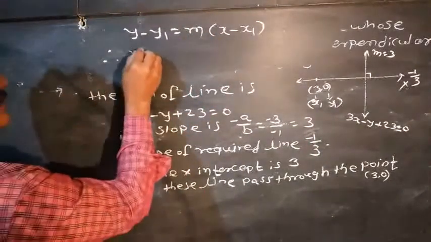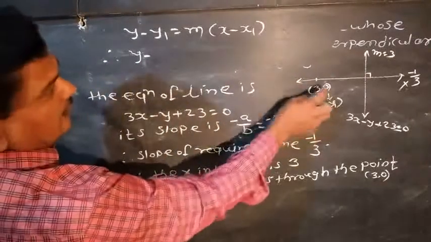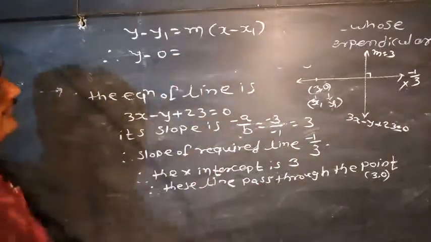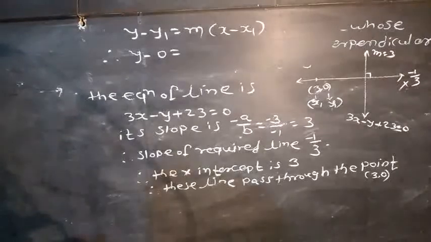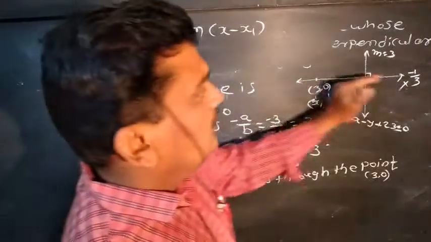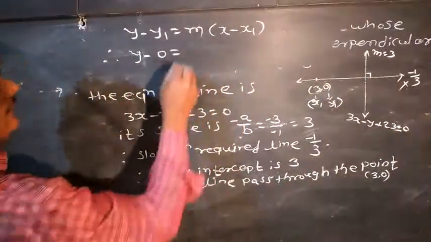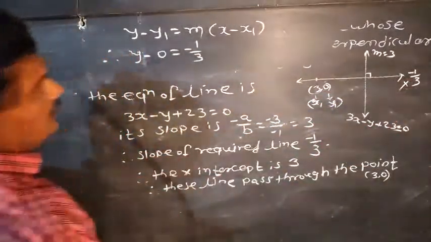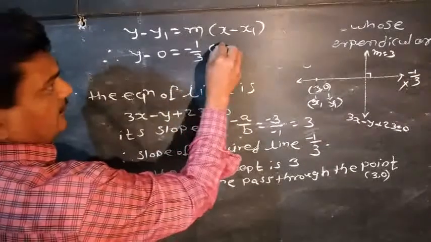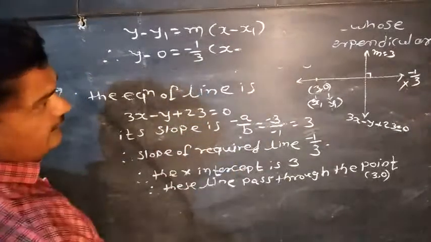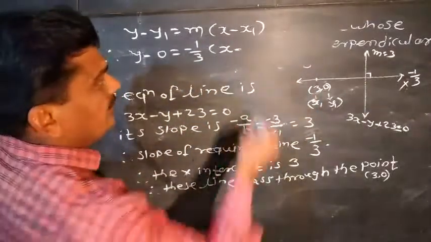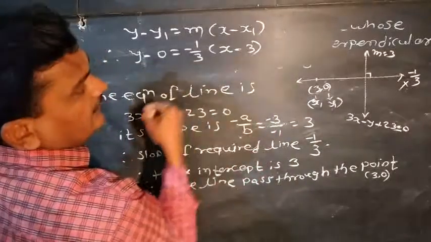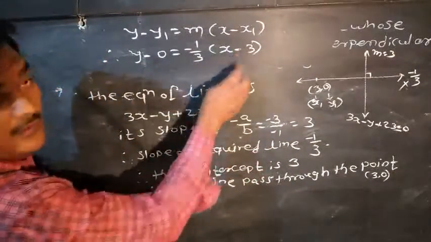We get y minus y1, where y1 is 0, is equal to the slope of the required line, minus 1 divided by 3. The slope is given. Next, multiply by x minus x1, where x1 is plus 3. Then take this minus sign.